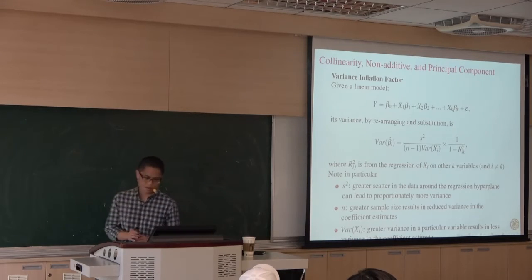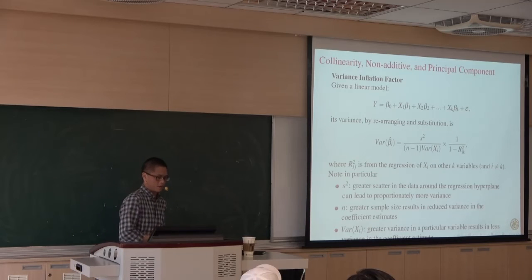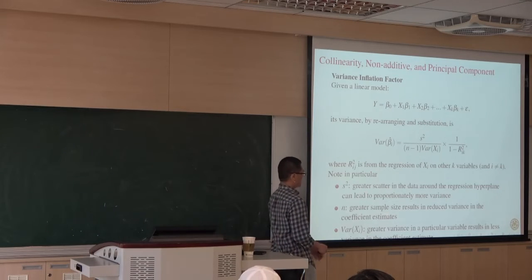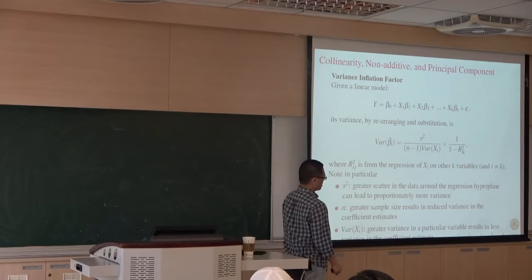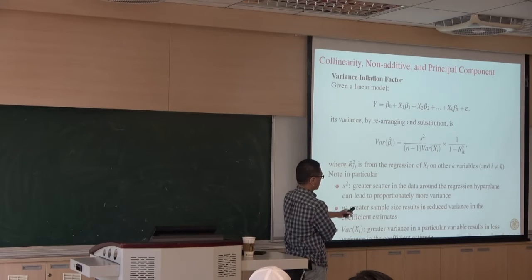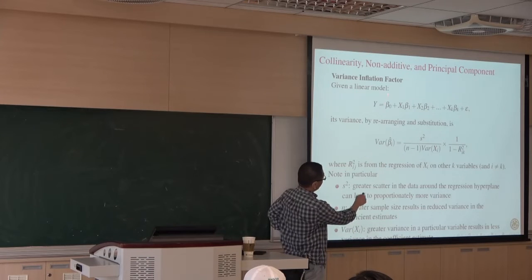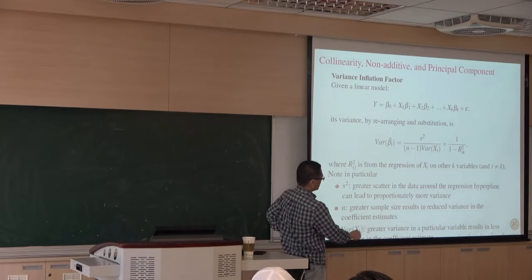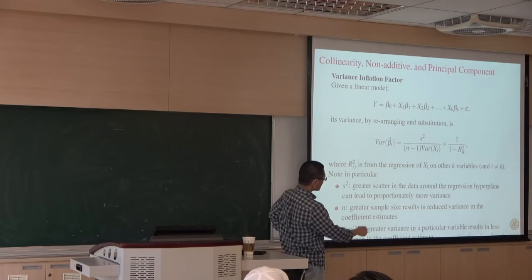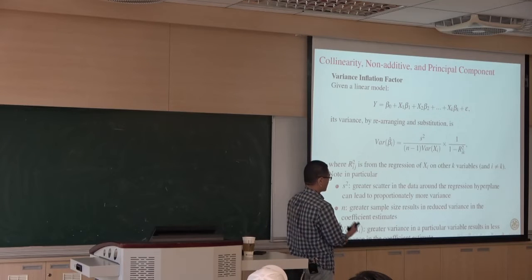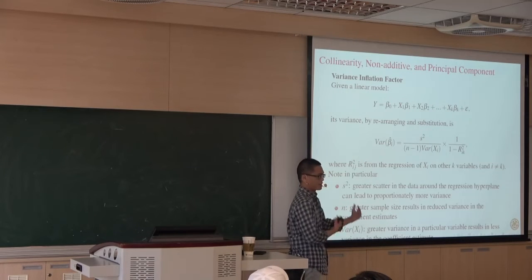Right, so let's go through the measure for the VIF. You see that there's a square, the measure of the scatter of the data around the regression hyperplane. You see that the variance inflation factor is increasing in the scatteredness of the data. However, it's decreasing in sample size. This part is very intuitive. As the sample size increases, you should get a more precise estimate, right?